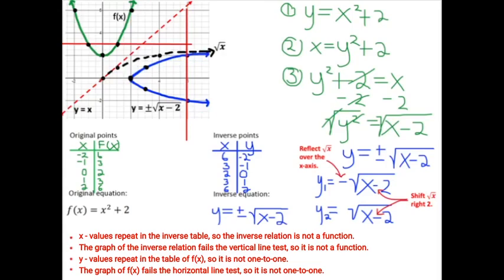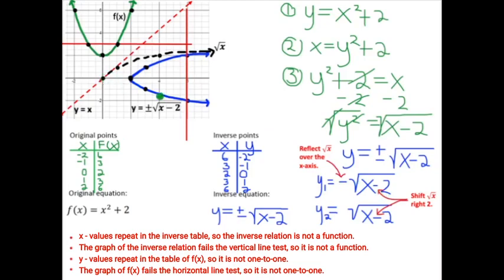And lastly, just before we leave this, why not go ahead and review real quick just the transformation for the square root of x. So notice that the square root of x graph is here as a parent function. And we mentioned earlier that the two relations we got, y1 and y2, were just transformations. For y1, this negative means that we reflect the square root over the x-axis, and then we're also moving to the right 2.